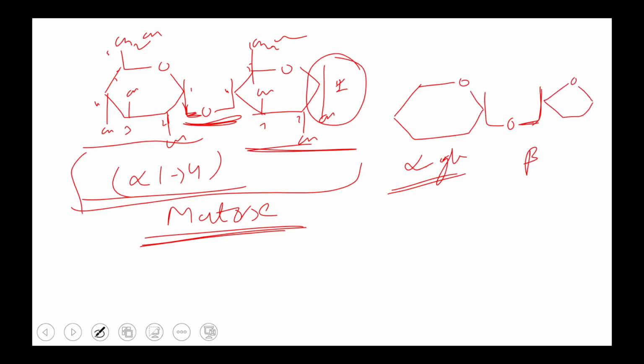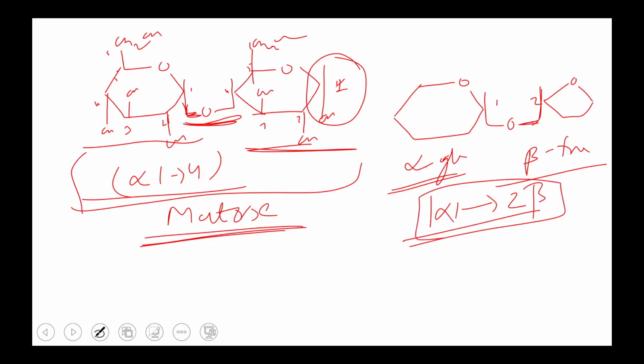Here, this is the second carbon, this is the first carbon. So when the 1,2 glycosidic bond gets formed, the alpha 1 to beta 2 linkage is formed.